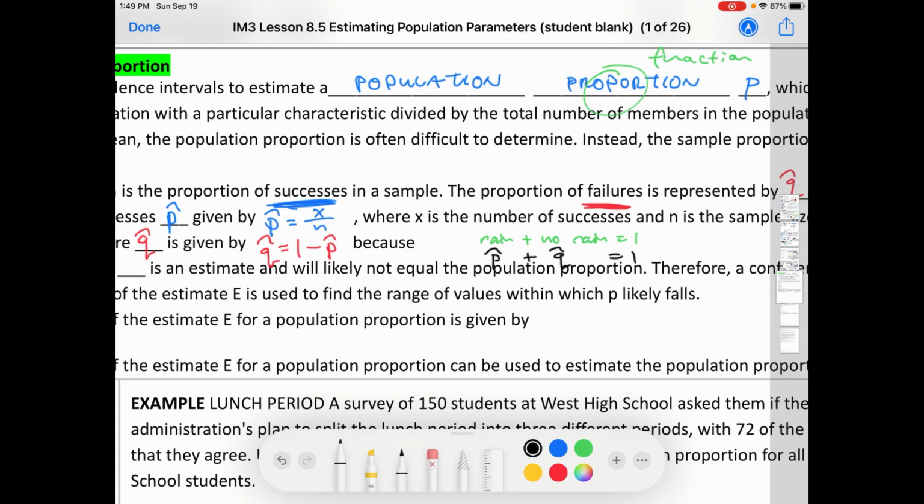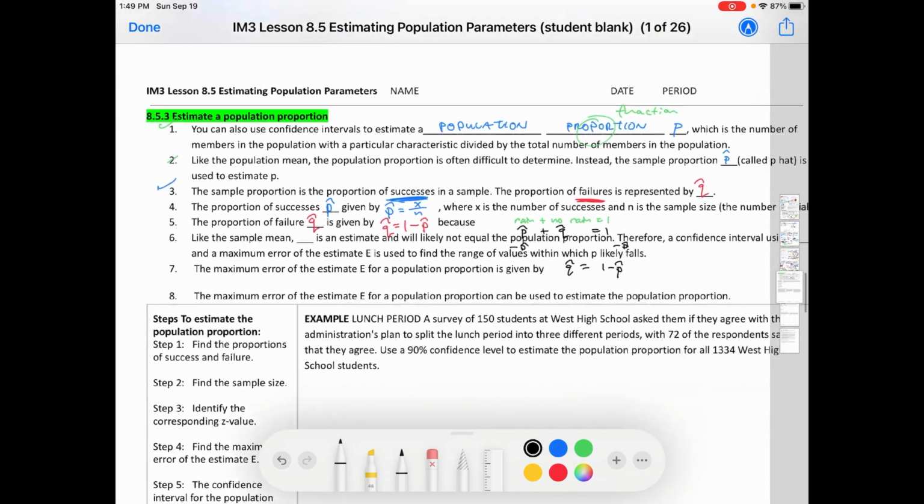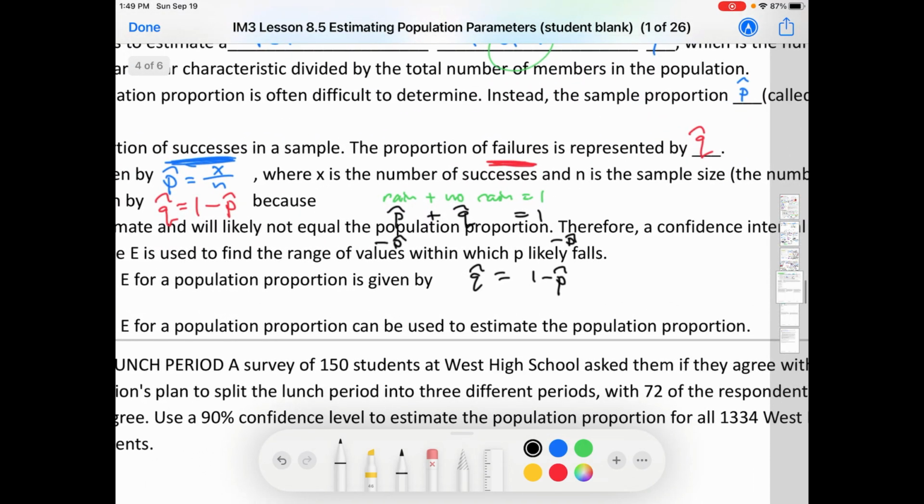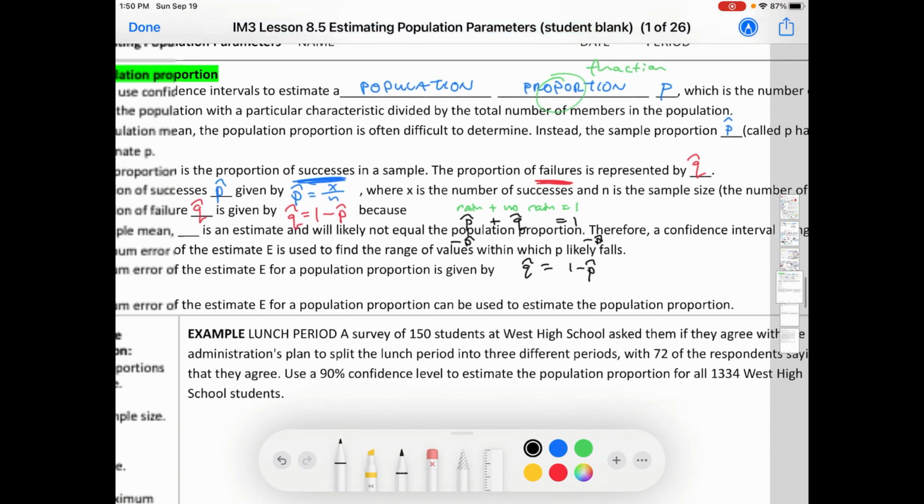And if you move the P over, subtracting P hat from both sides using your algebra skills, you get Q hat equals 1 minus P hat. So think about it: rain plus no rain equals 100%. I look outside, it's really blue right now, so the chance of rain is 0. 0 plus 100% chance there's no rain equals 100% or 1.